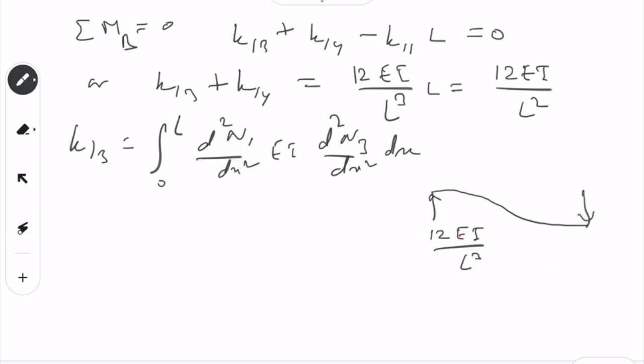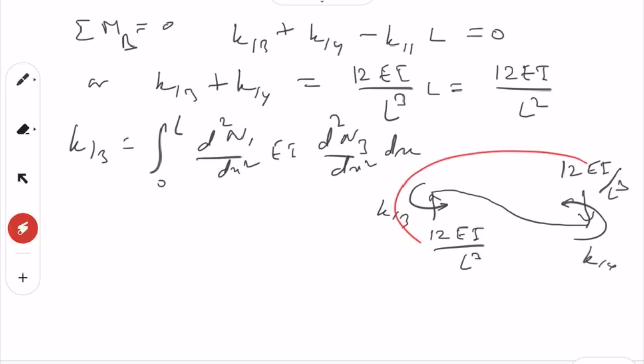Here it is 12 EI over L cube. Then we have this and this, and this we call K13, this is K14. Now we can use the symmetry, right? If you rotate this by 180 degrees, what happens?